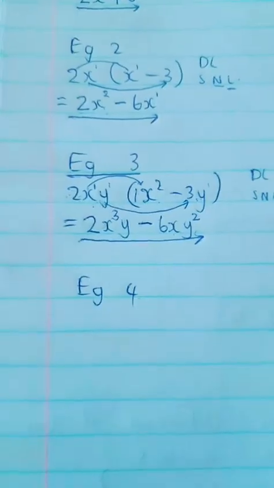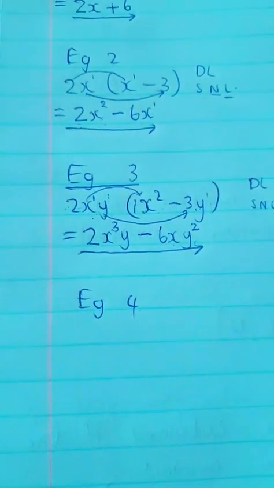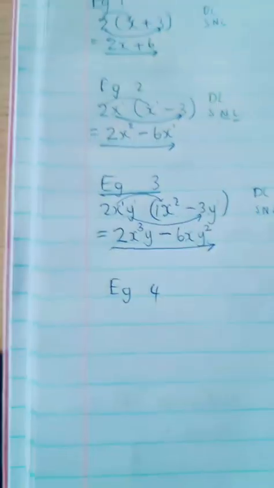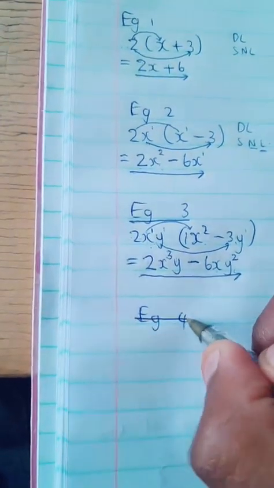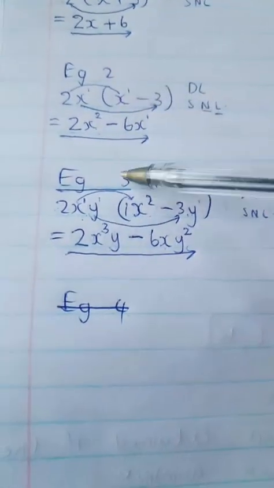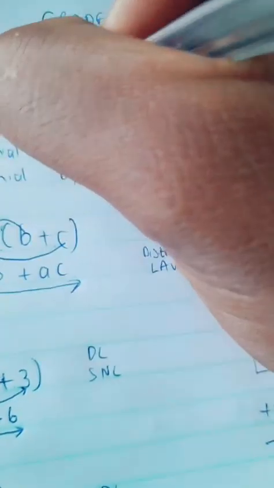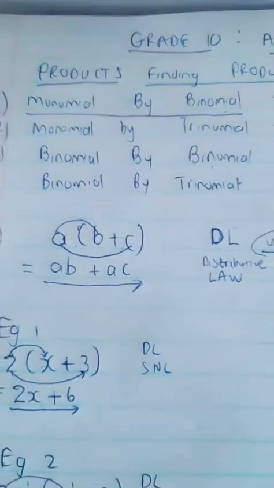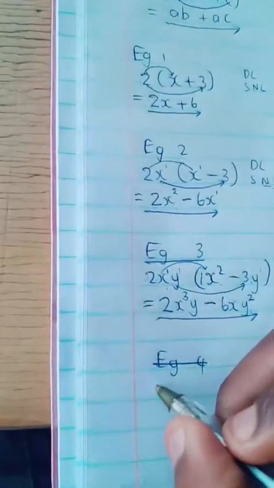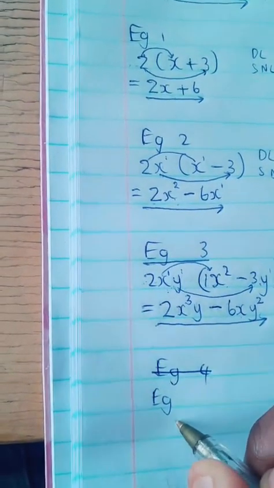So I hope you guys understand this. Okay? Now let's move on. We've done example 1, example 2, example 3. This all was in explaining monomial by a binomial. And maybe let's do one more example.